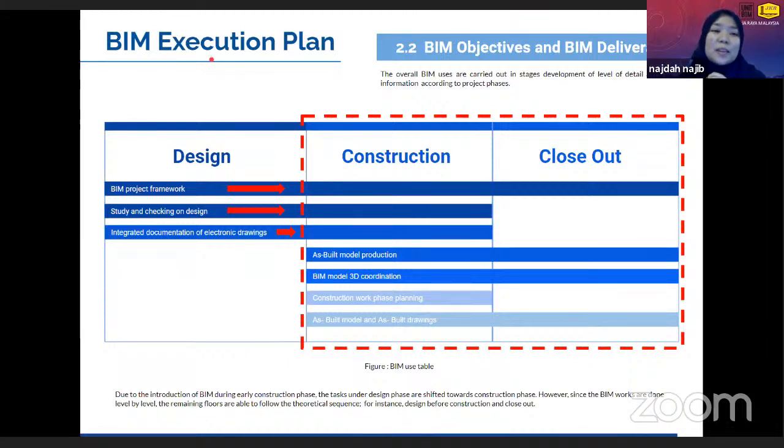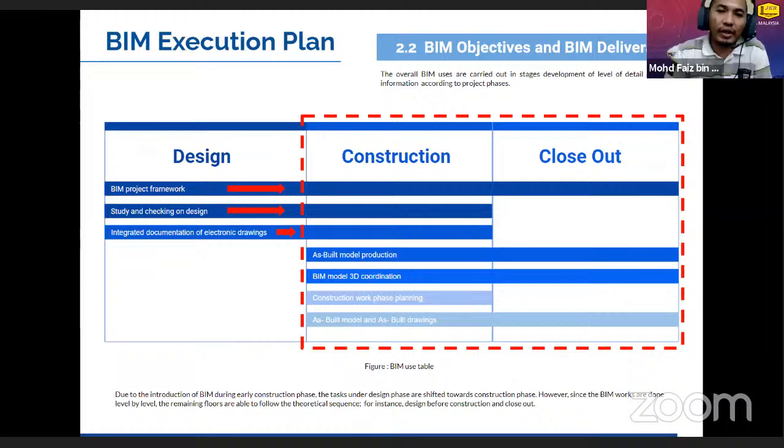Maybe this can be a reference for future projects if this kind of thing happens again. The better way is the correct procedure, but never mind, at least you know that sometimes these processes happen. It's good that the client insists on this, so they have the money, they can do it.